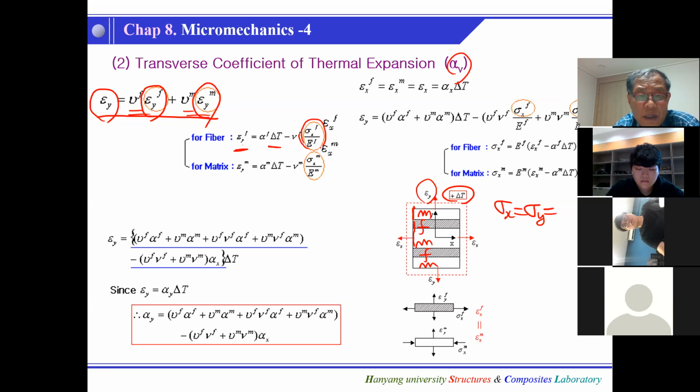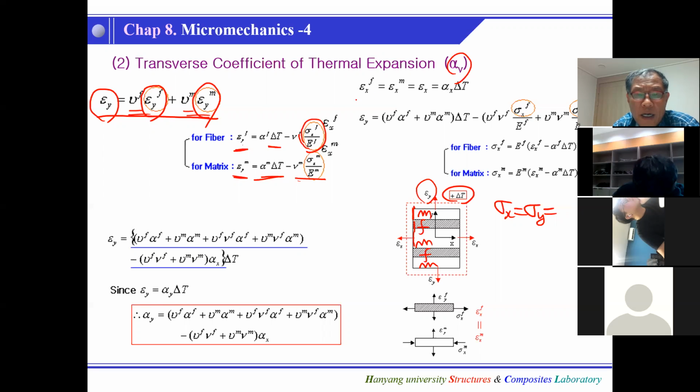Poisson's ratio is given in terms of stress. This is the fiber direction, and matrix direction. This is the CTE, and these are the Poisson's relations.